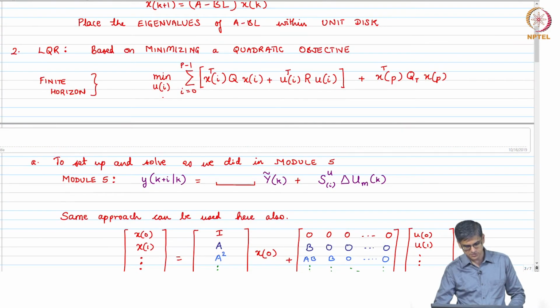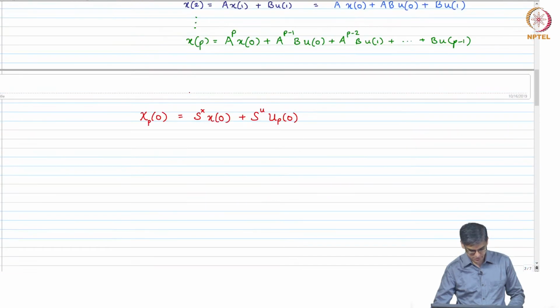Let us look at this objective function. Be nice if there was a way to copy paste this, but yeah. Okay, we will write this objective function.